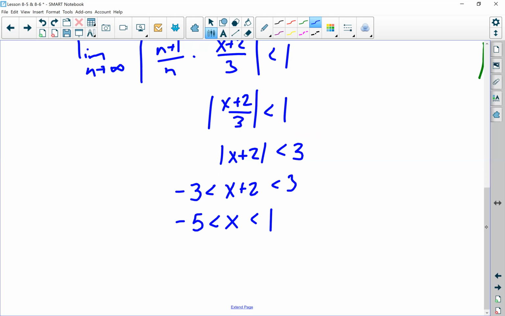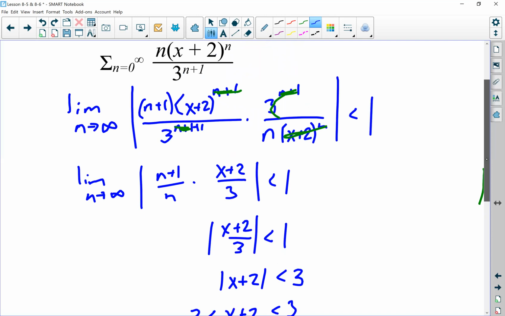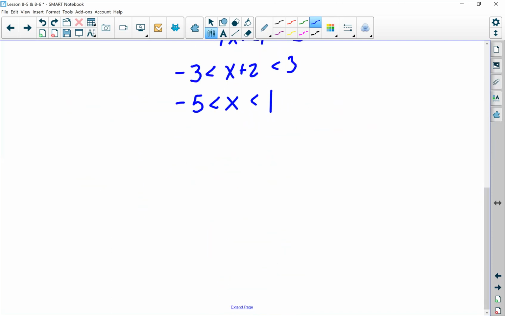So if I go way back up to my original expression, n times (x plus 2) to the n over 3 to the n plus 1. Yeah. Plug in -5.